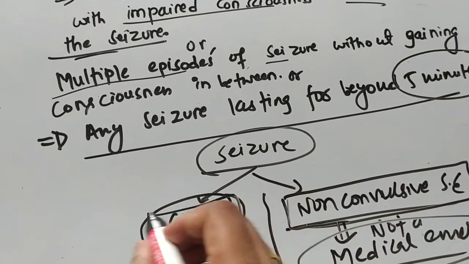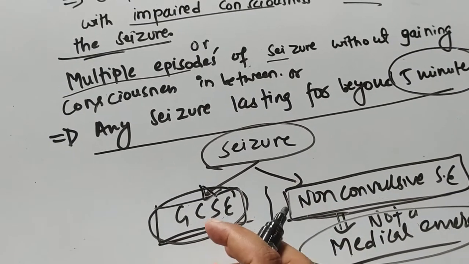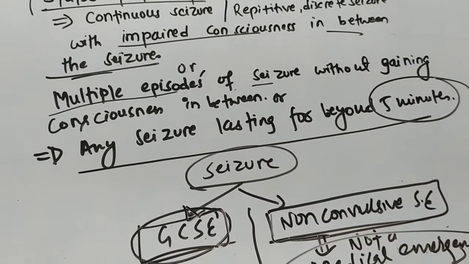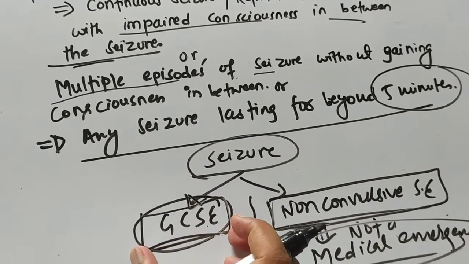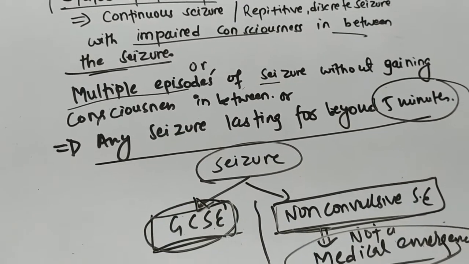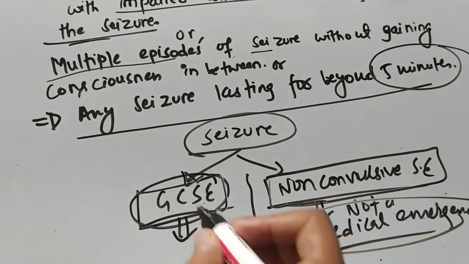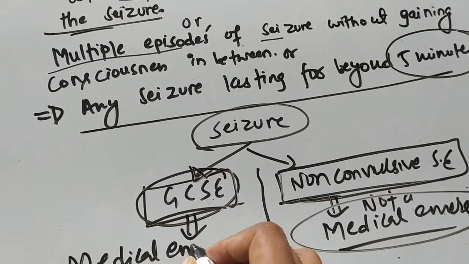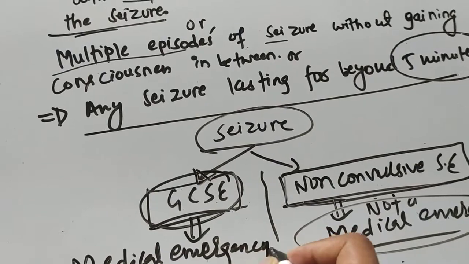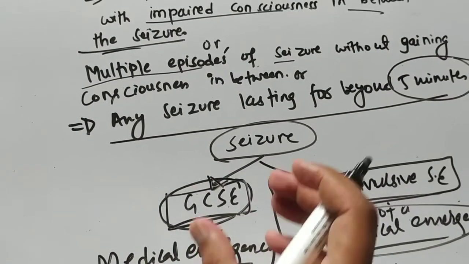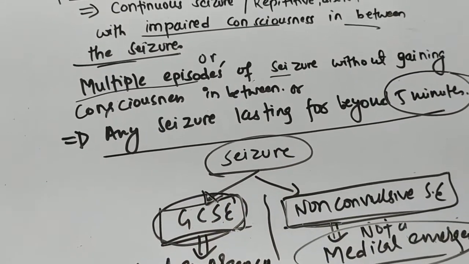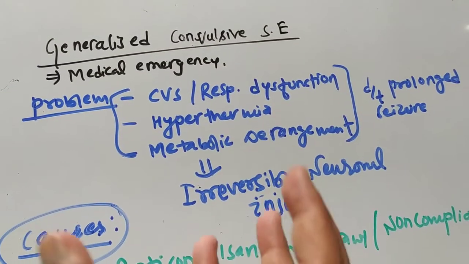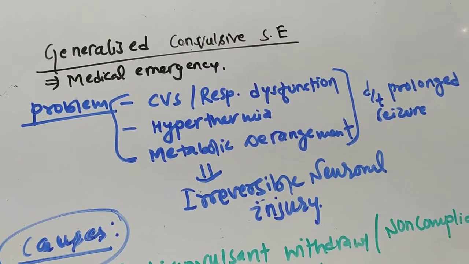In the case of generalized convulsive status epilepticus, there is a violent convulsion, and due to that violent convulsion there are various problems. We will see that, and that's why generalized convulsive status epilepticus is taken as a medical emergency. So whatever management we talk about, we will basically talk about generalized convulsive status epilepticus management.